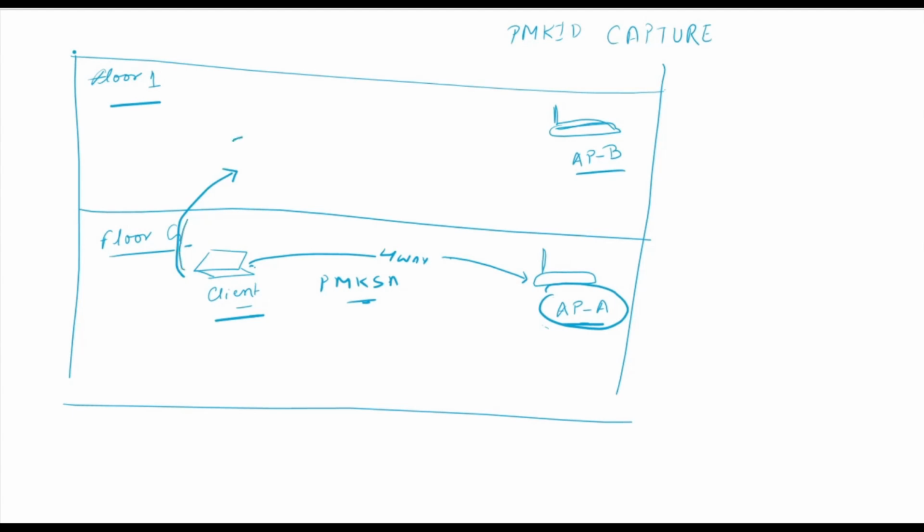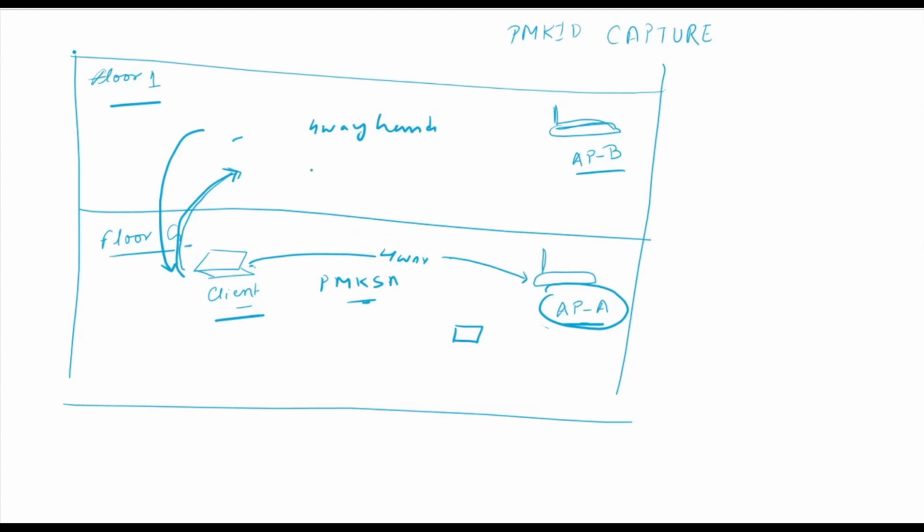So when it goes to floor 1, the connection will happen again using a four-way handshake. And again, remember there is a critical meeting in the office on the ground floor, so he has to come back, and again there will be a four-way handshake.